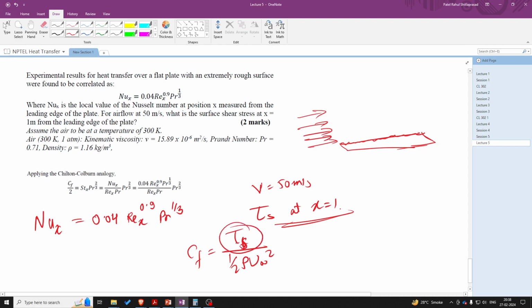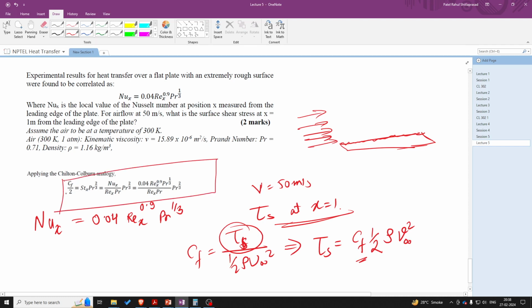Here we have been asked to find tau_s, so tau_s is equal to Cf into half of rho velocity squared. For that we need to find this Cf. Cf we can find by using this formula given over here, that is nothing but the Chilton-Colburn analogy given by these equations.